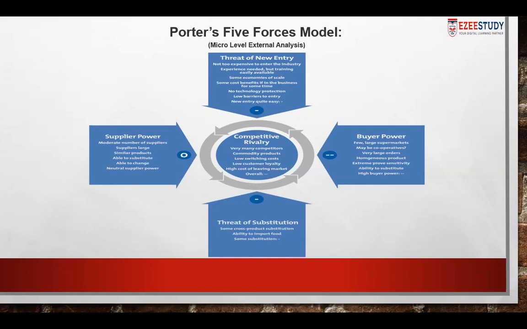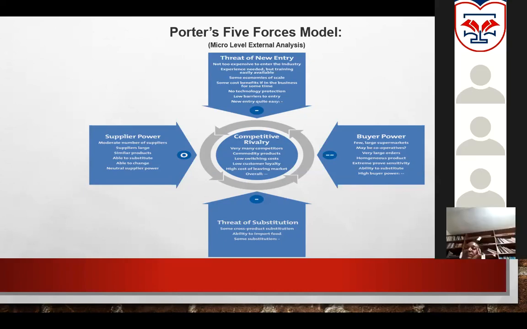An example will be cameras. The cameras have totally been replaced by cell phones, high quality cell phones. Now you can see 4K capable cameras in cell phones as well. So to some extent, the cameras have been substituted by the smartphones. So the threat of substitution is again an important factor before you can actually shape any strategy.